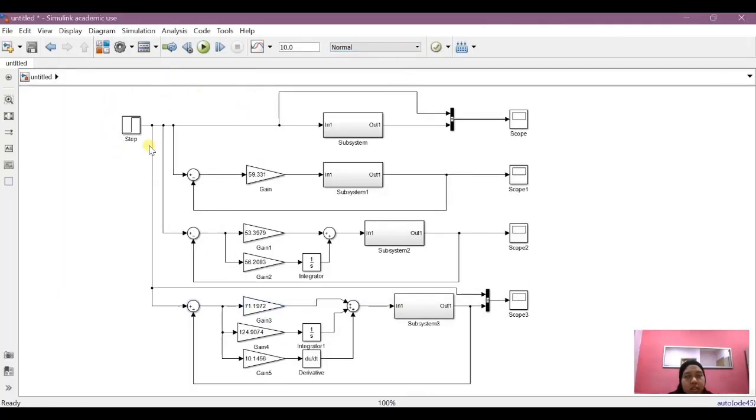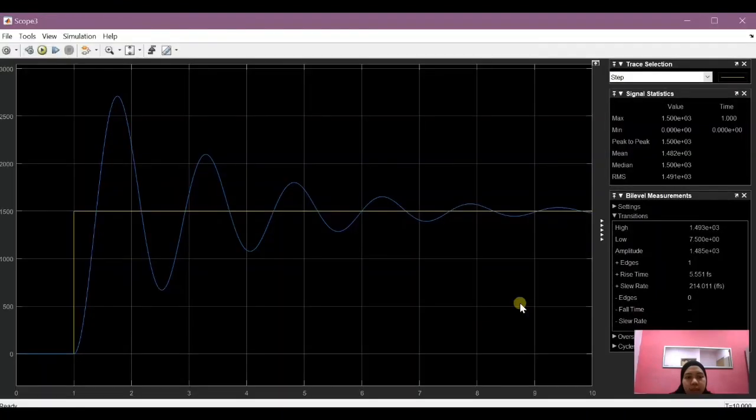So for this type, we also use this 1500 RPM, and these values are the Kp for PID, Ki for PID, and Kd for the PID. So after that, we will run this simulation, and then we will get this graph.